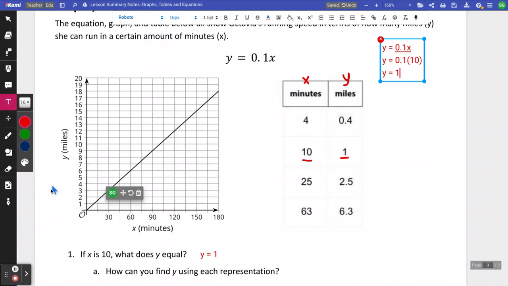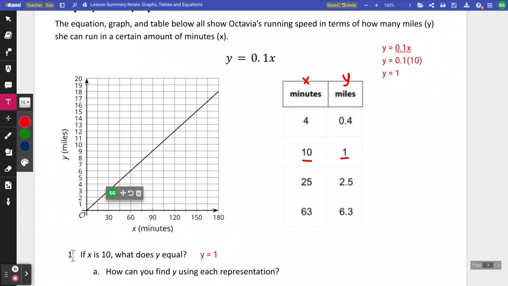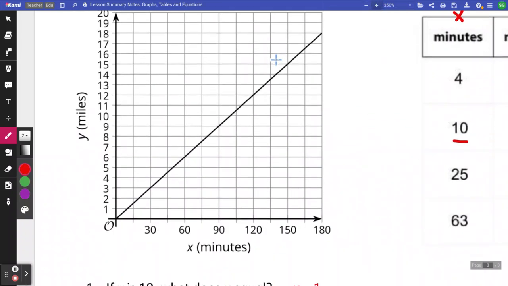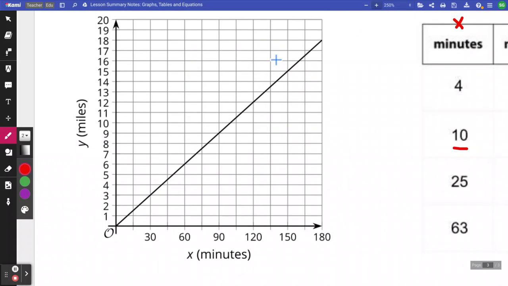Or what about this graph here? If I know x is the number 10, how could I figure out what y is from this graph? Well, if x is the number 10, I would want to find 10 on my x-axis and then go up to my line to see where the y coordinate would be. I'm going to zoom in on our graph a little bit for this. Now, this graph makes it a little challenging because notice 10 isn't labeled down here.